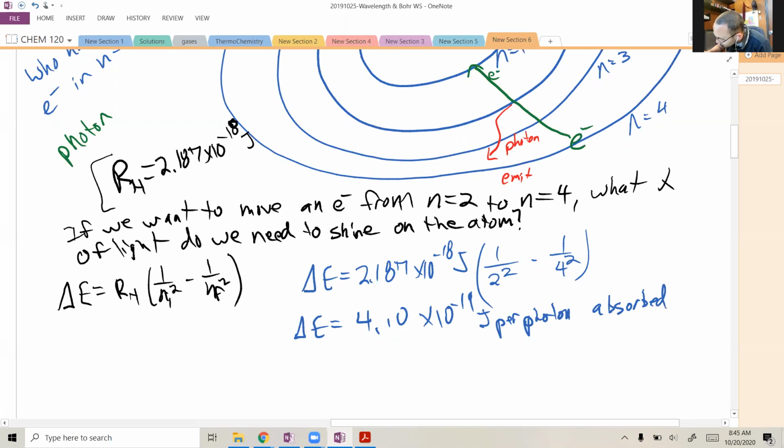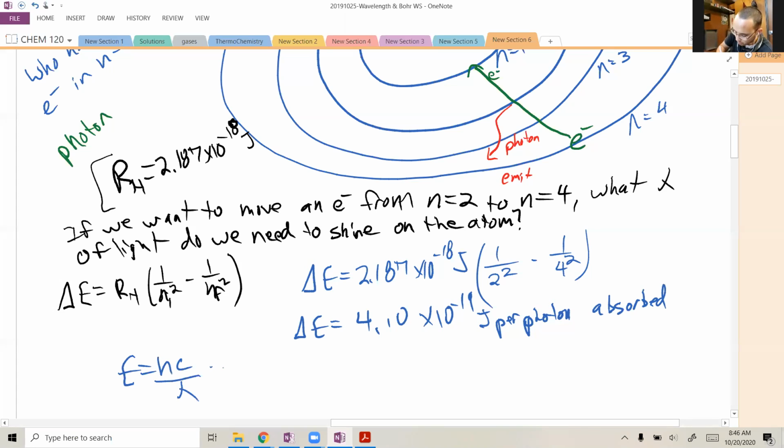Now, is our question just asking us for the energy of the photon? Wavelength. So how can we take an energy and turn it into a wavelength? Energy equals Planck's constant times the speed of light over wavelength. Very good.